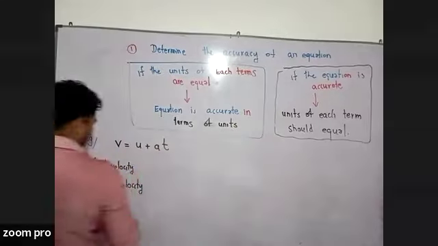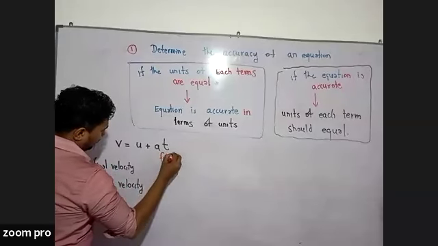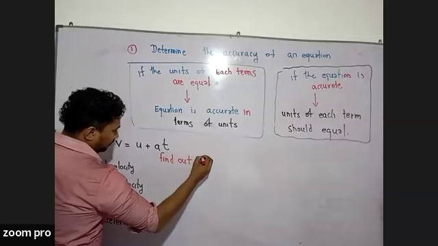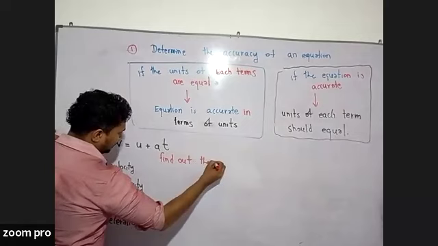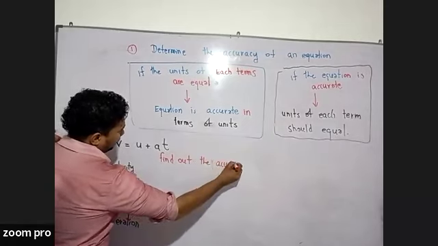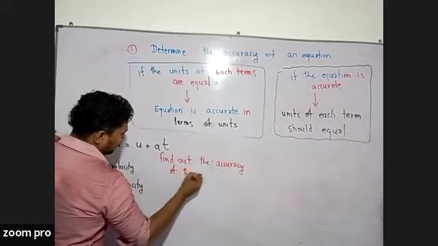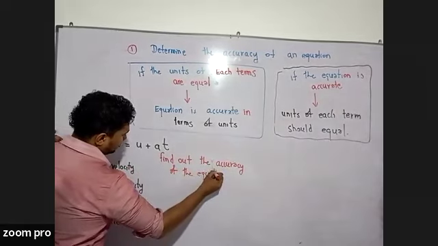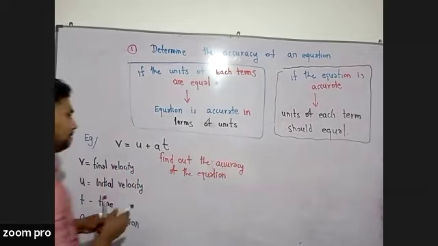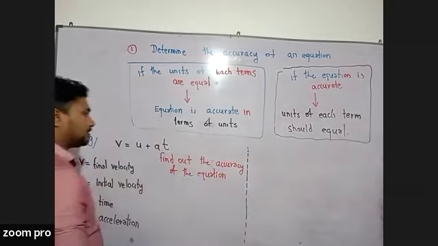Now let's find out, you are asked to find out the accuracy of an equation. Accuracy of the equation, right? This is the question that you need to do, right? Okay. Now let's find out the way that we sort out this kind of question.